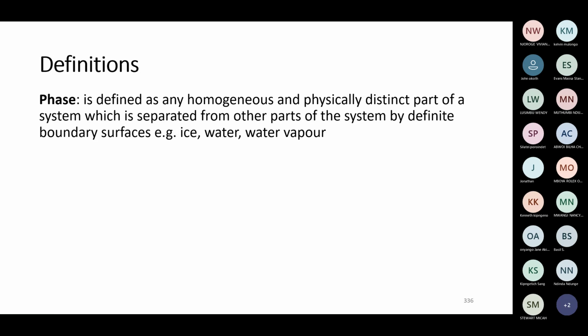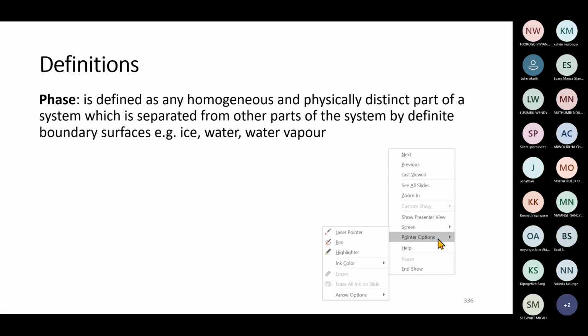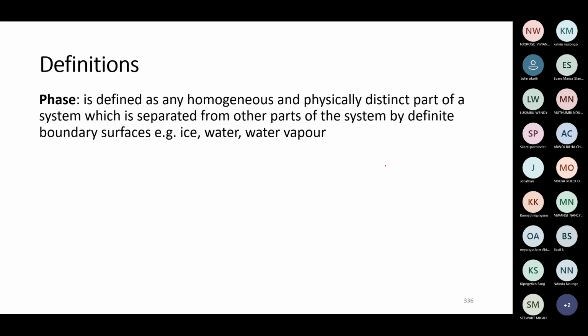Each form constitutes a separate phase. So here we have 3 phases, and each is separated from the other forms by definite boundary surfaces. Just look at this. So for example, you have 3 phases. So you have the solid here.